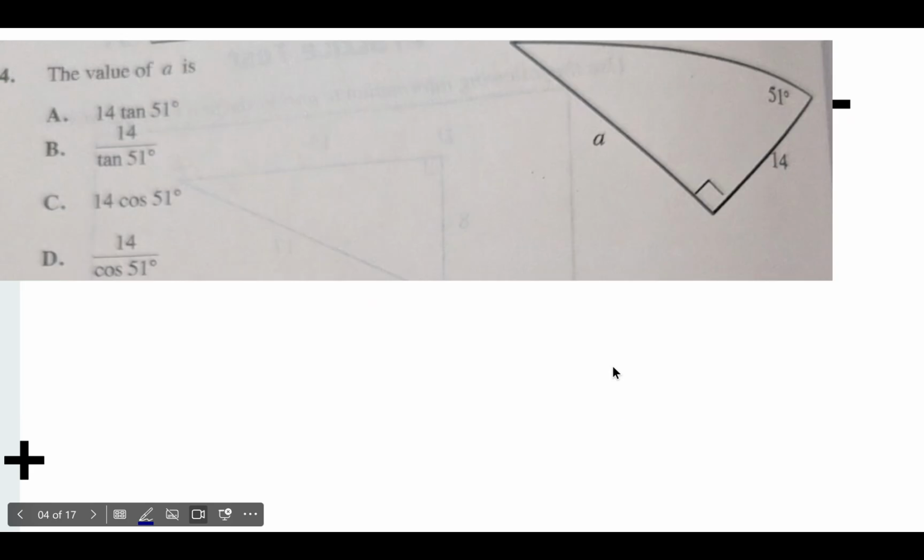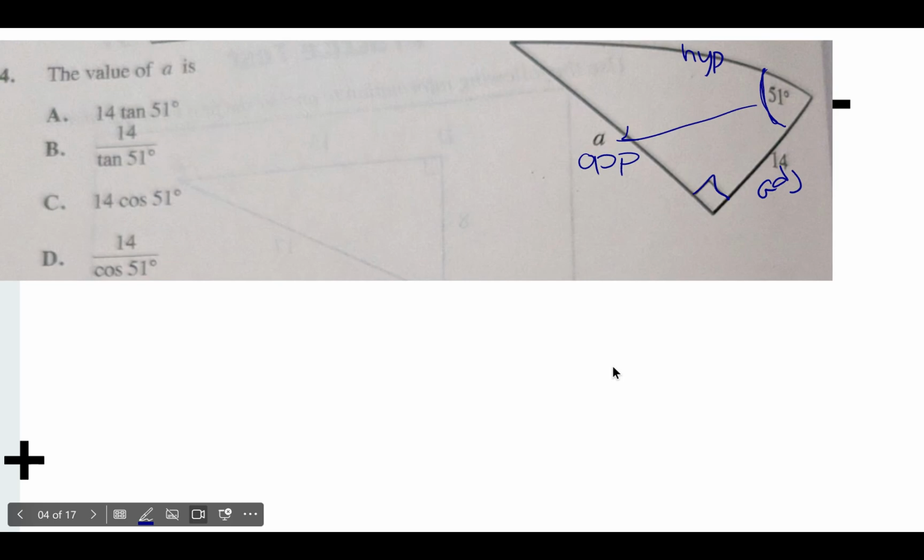So sorry that this is looking a little bit messy, or I should say blurry, but when they're asking the value of A, if you're starting at this angle here and you labeled your sides, A would be the opposite side because it's opposite to the angle. Your hypotenuse is always across from your right angle, and adjacent is the one beside.